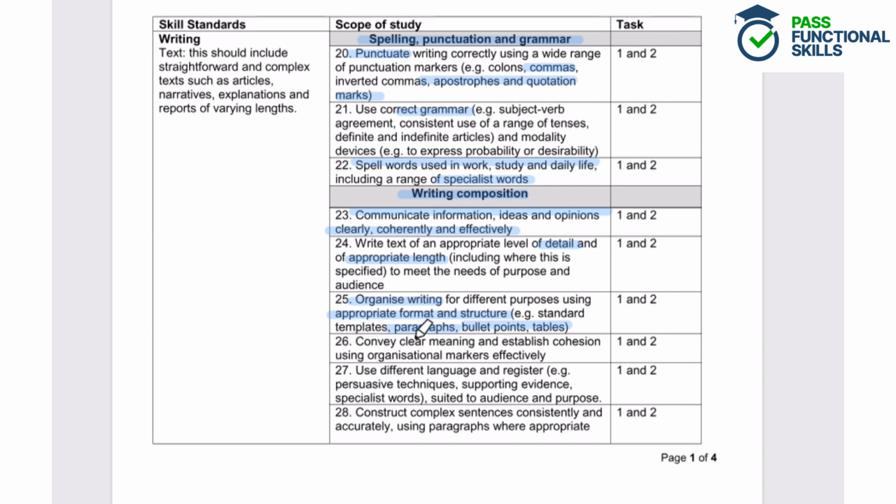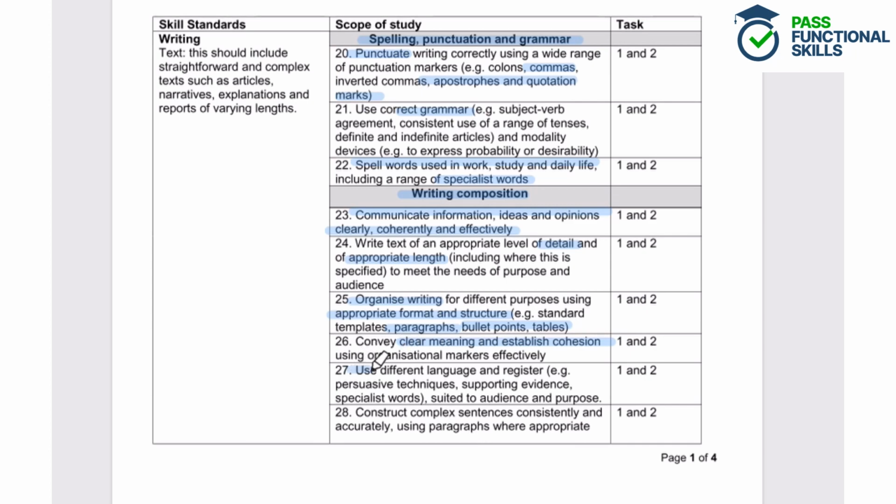We need to be conveying clear meaning and establishing cohesion using organisational markers effectively. Now this means that our text needs to be structured in a way that makes it all make sense and link together and be cohesive. So organising our writing to make it really clear.